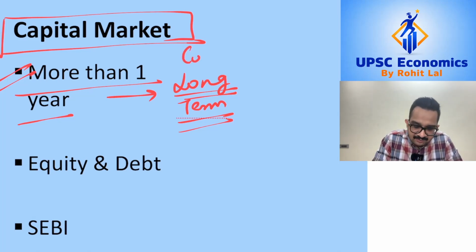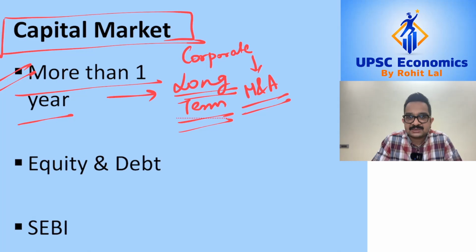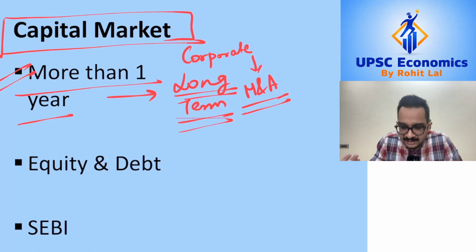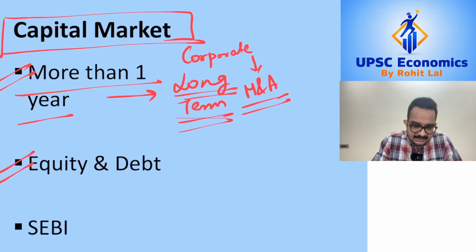Let's say you have a corporate which wants to undertake some form of merger and acquisition, or basically it wants to acquire another company. So that corporate, if it wants to borrow funds because it wants to borrow for the long term, can approach the capital market. Now the thing to remember about capital market is that entities can borrow via two broad mechanisms.